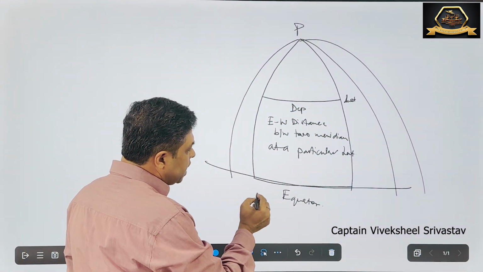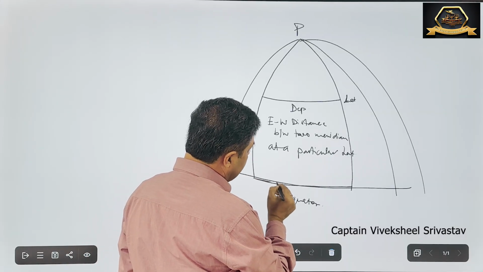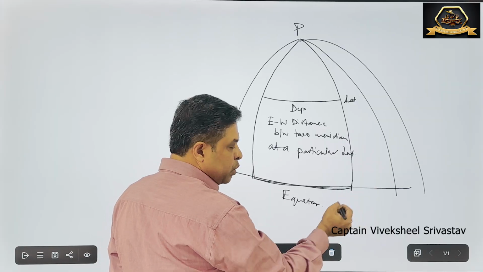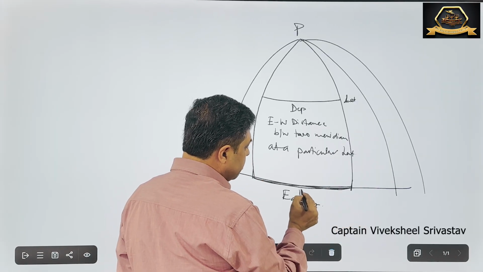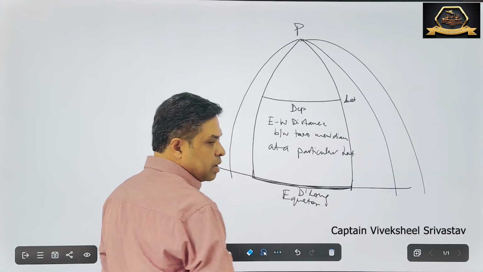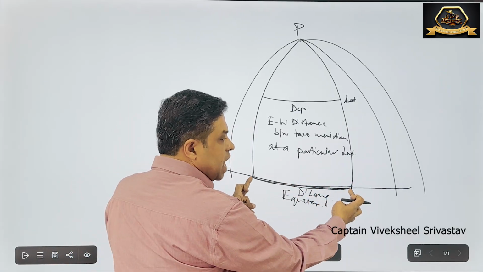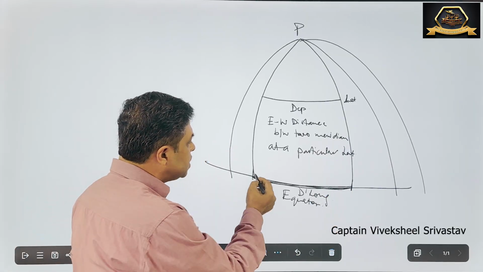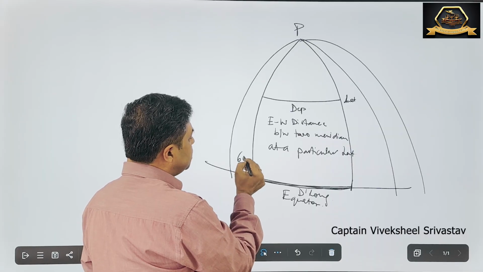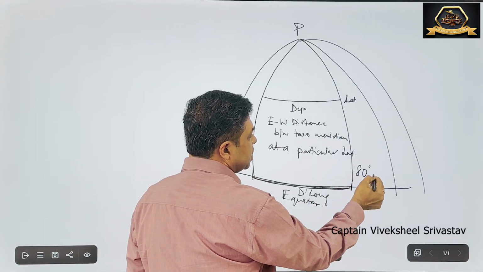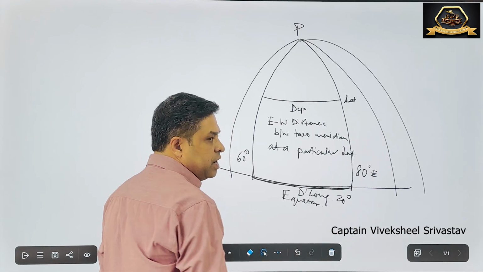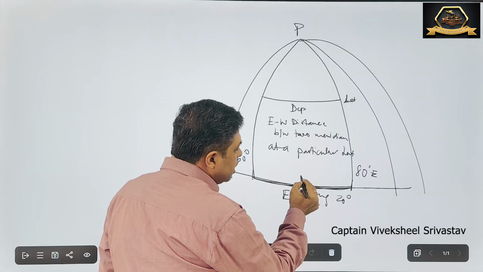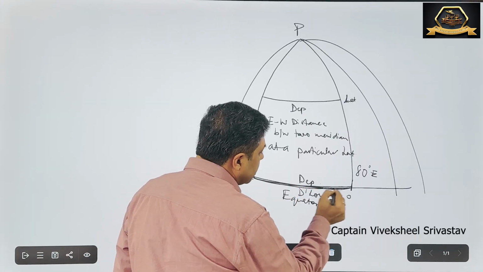Okay. So if you see departure at the equator, now if this is one meridian, this is one meridian, and this is the equator, what will be this arc? This will be d long. This arc will be d long between these two meridians. That is the difference in longitude. Suppose this is 60 degrees east and this is 80 degrees east. So d long will be 20 degrees, right? So here at the equator, the departure will also be this much.